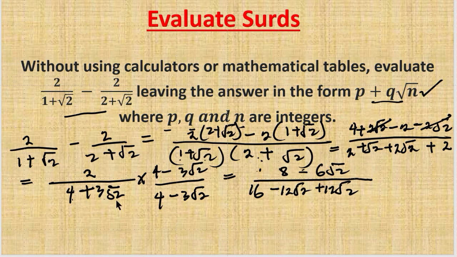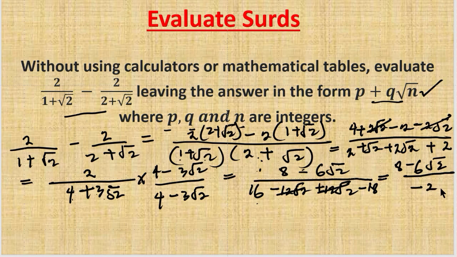And plus 3 root 2 times minus 3 root 2, that's 3 times minus 3, that's minus 9, times root 2 times root 2 is 2, times 9, that's minus 18. Now, minus 12 root 2 plus 12 root 2 cancels each other. Then this expression is 8 minus 6 root 2 all over 16 minus 18.